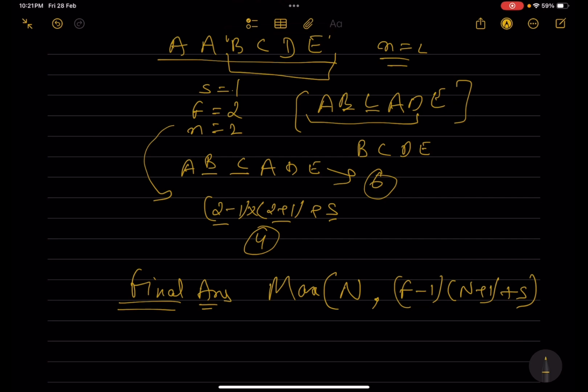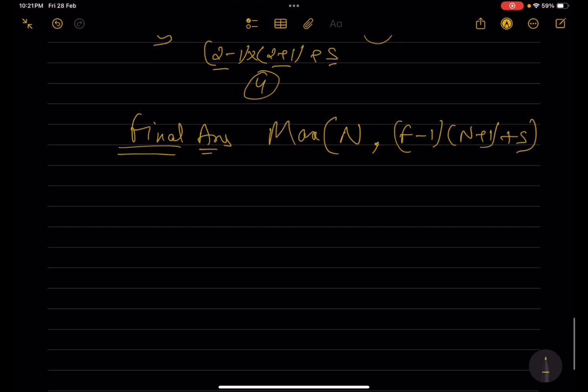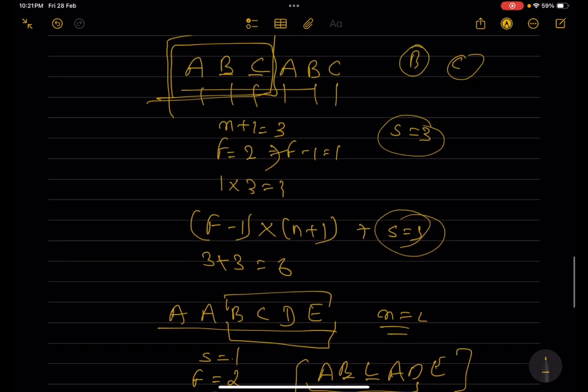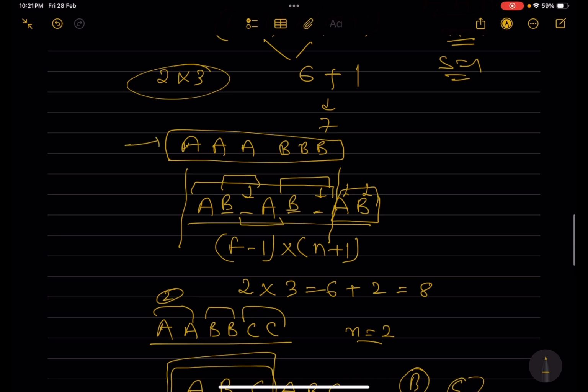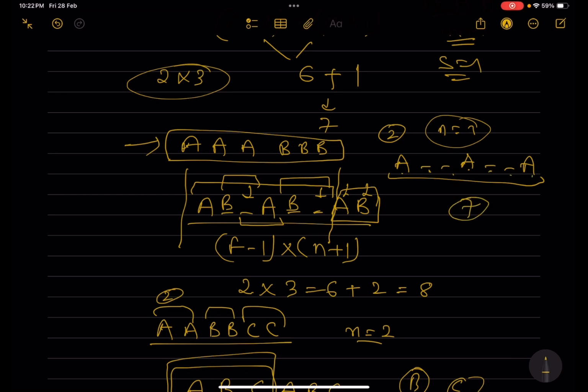But if the number of tasks are smaller, let's say, as in the previous cases we have this AAA, triple B, so 3 A's and 3 B's. So here number of distinct tasks are smaller, or only 2, and we have n is equal to 2. That means we at least require 1, 2, 3, 4, 5, 6, 7. We at least require 7.